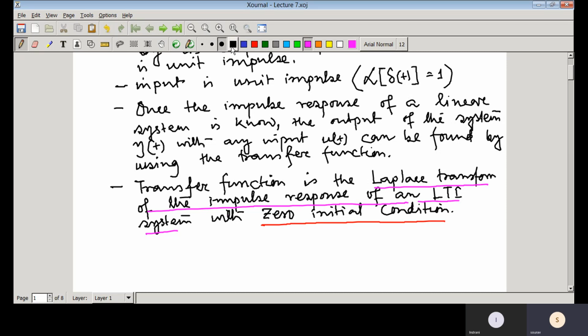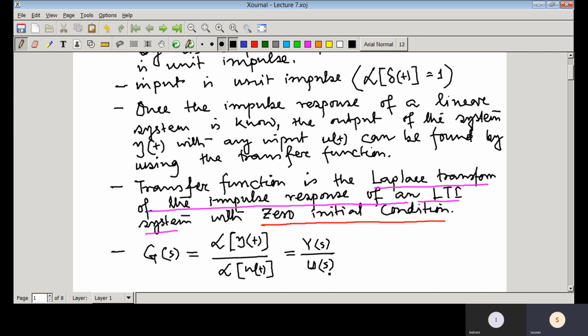So here mathematically you can write that G(s) is called the transfer function. This is the Laplace transform of y(t) by the Laplace transform of u(t). So that means this is Y(s) by U(s).